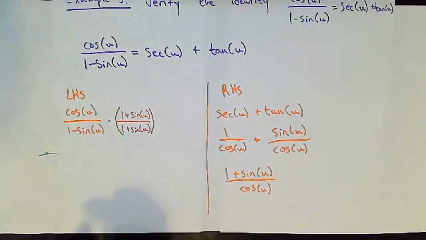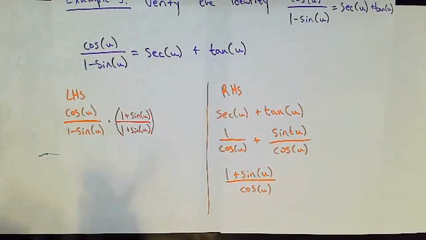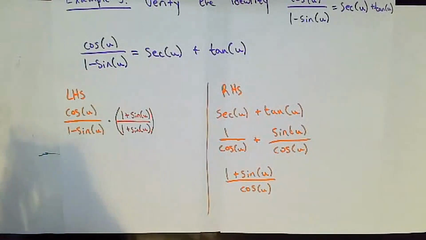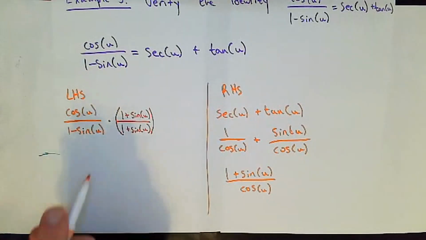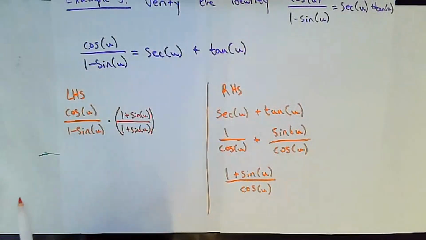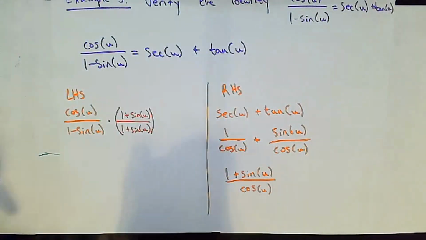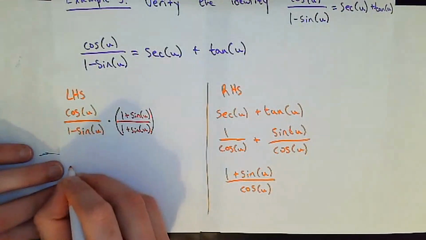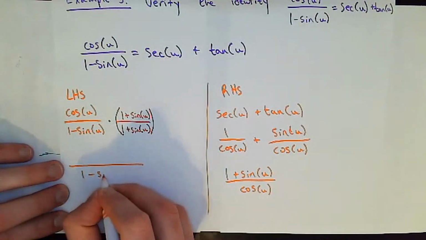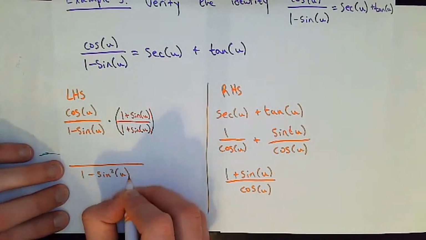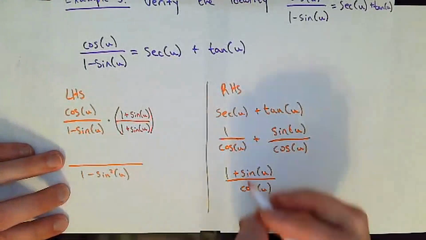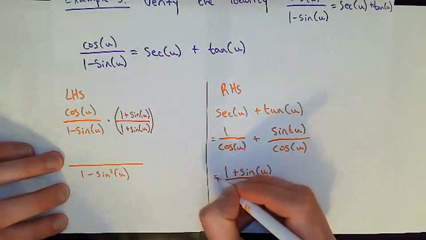Why would I ever want to do this? Well, because it's going to clean up my denominator quite a bit. Remember, this is the same denominator I had back in example 4, and it cleans up to just 1 minus sine squared of x. So that denominator is 1 minus sine squared of U. In this case, it's the variable U. By the way, I keep forgetting to write equal signs here.